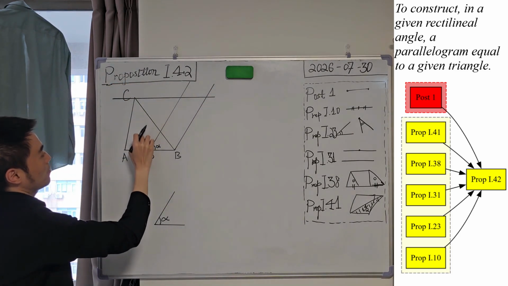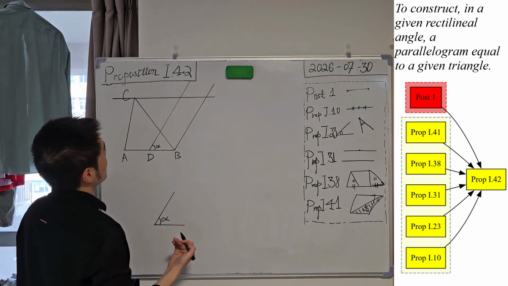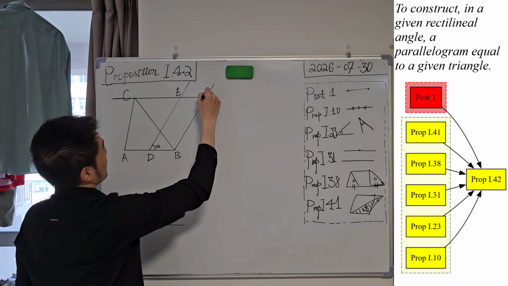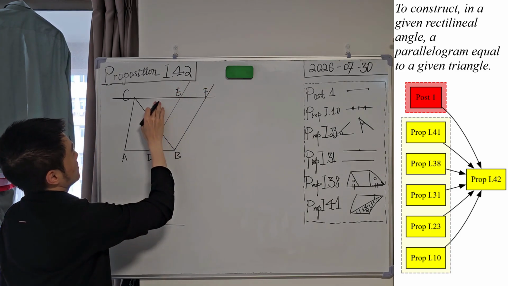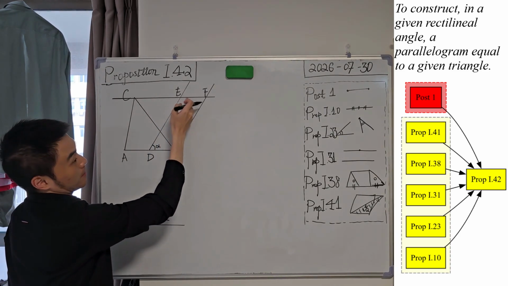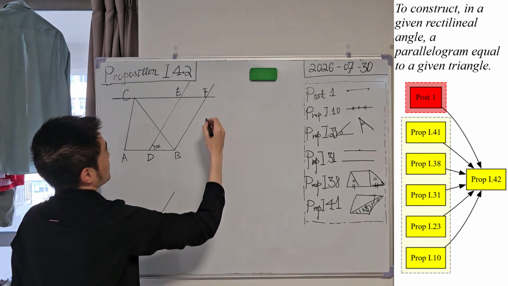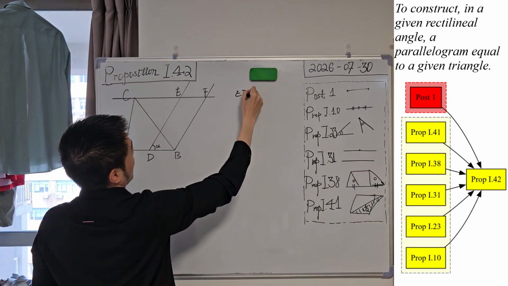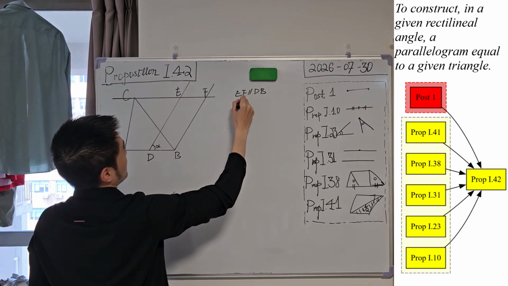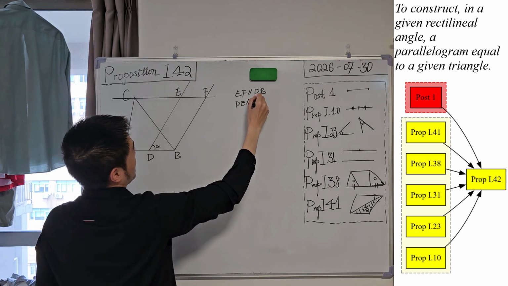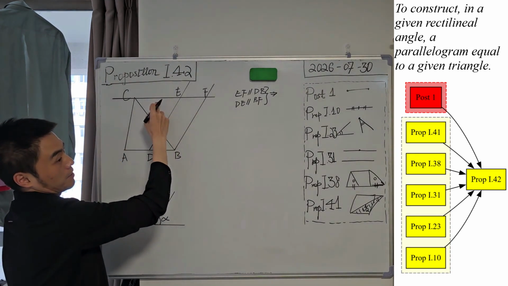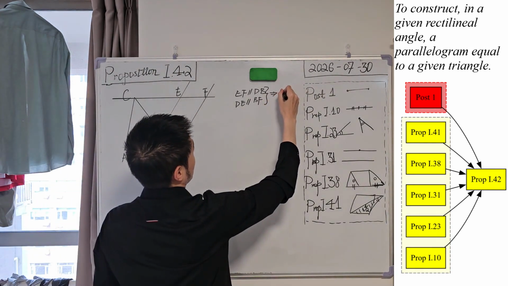So they are parallel. And let's suppose these points are A, B, C, D, E, and F, which means this straight line meets them at E and F respectively. So we know that EF is parallel to DB and DE is parallel to BF, which means DBFE is a parallelogram, right?